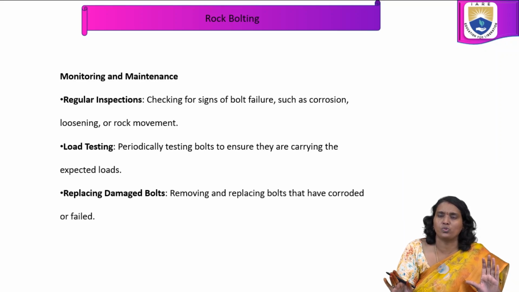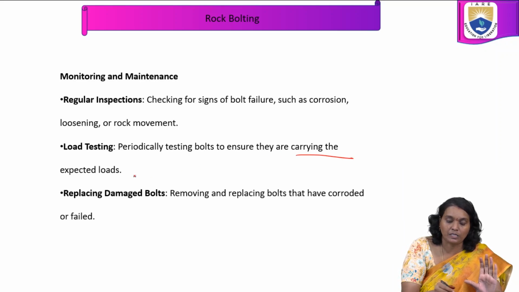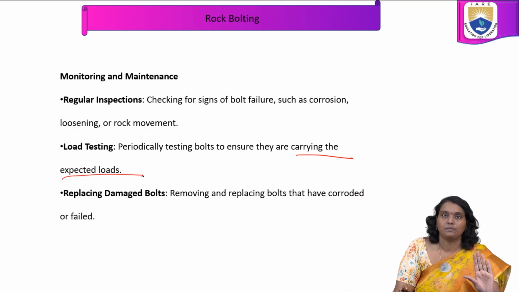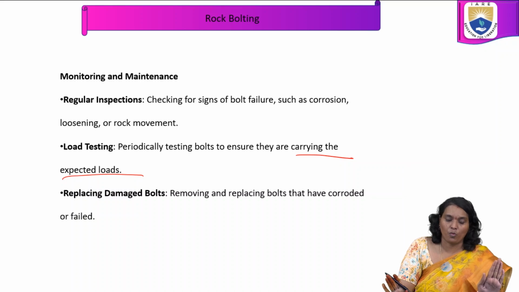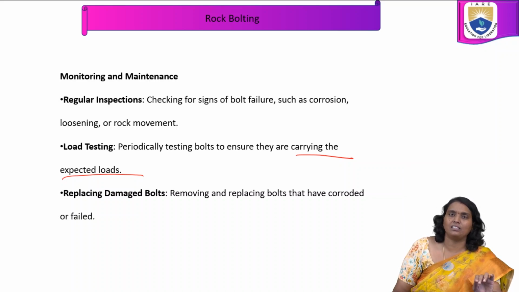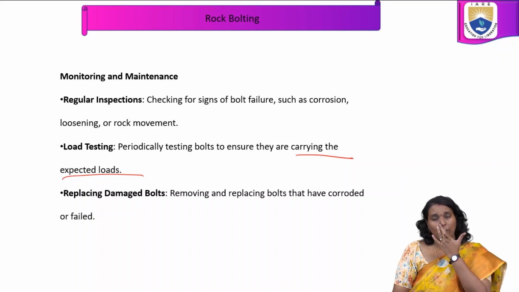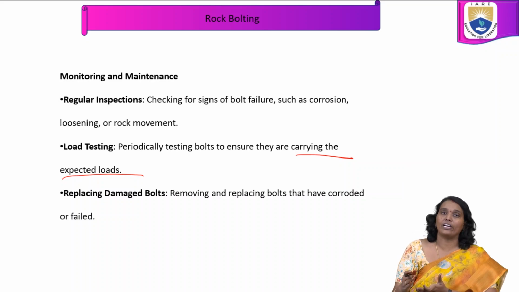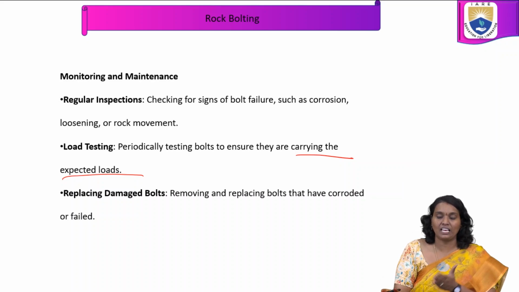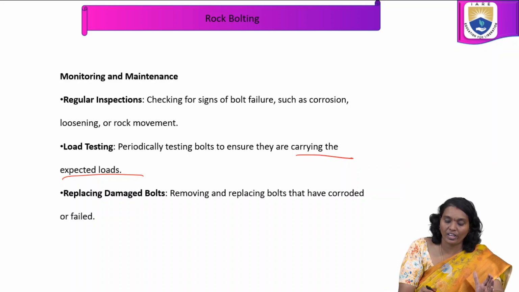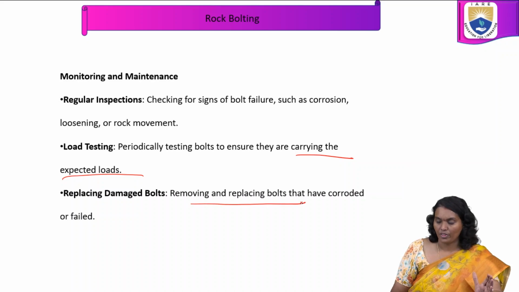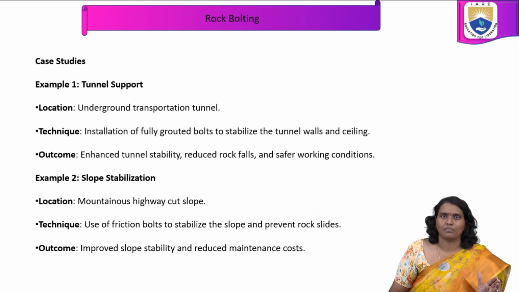Periodically testing bolts to ensure they are carrying the expected load or not. This maintenance and monitoring is required for the rock bolting. And also replacing damaged bolts. Whenever we observe damage at the time of monitoring, we replace the damaged bolts, removing and replacing the bolts that have corroded or failed.